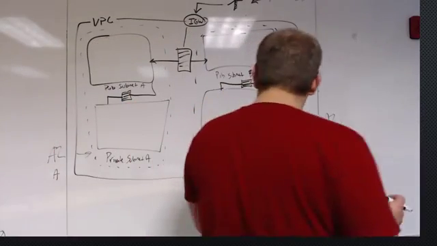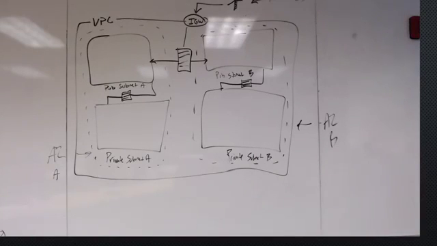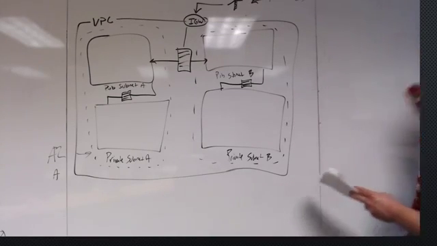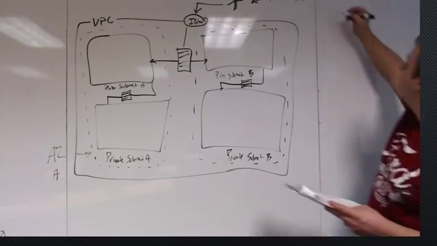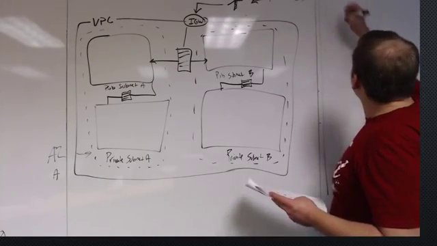All right, so that's where we are so far, and we're going to talk about the network ACLs. I don't really want to erase that. All right, so let's come over here, and if I run out of board, let me know. Let's talk about NACL.